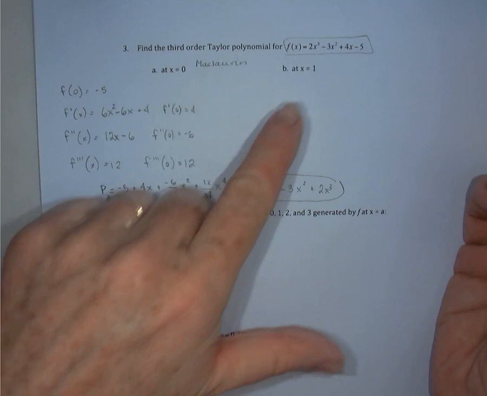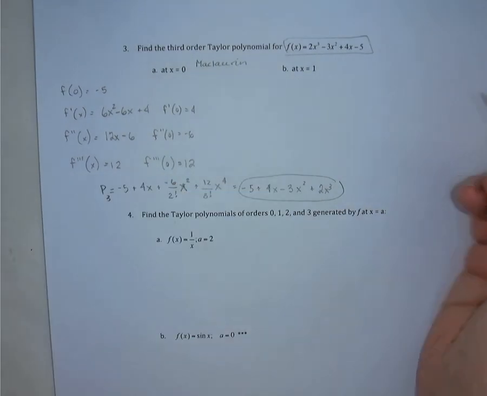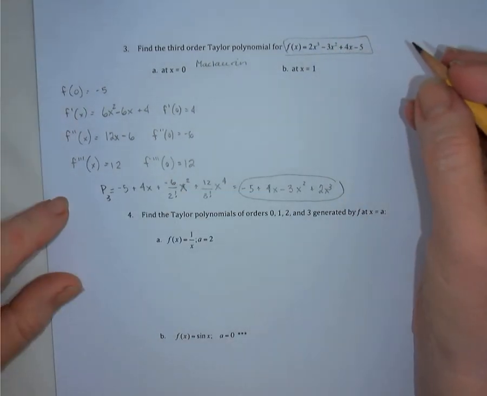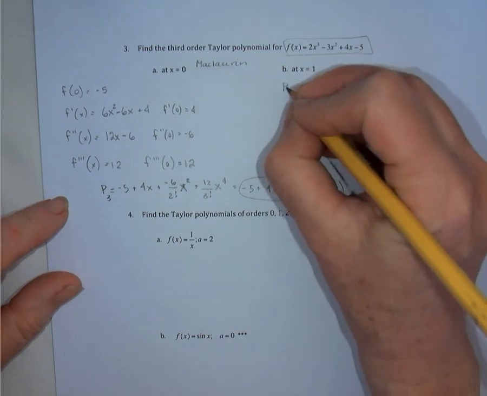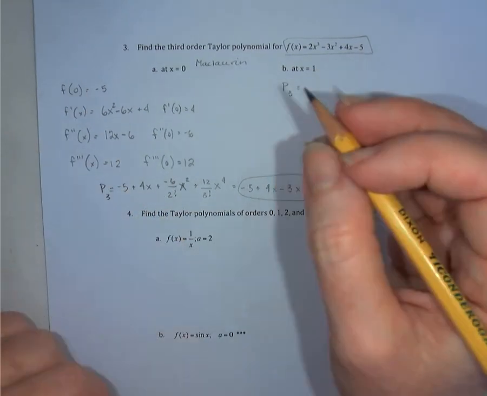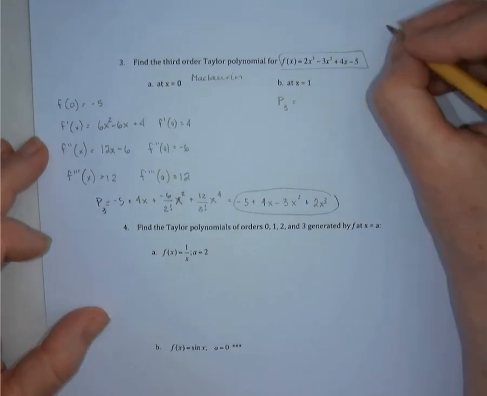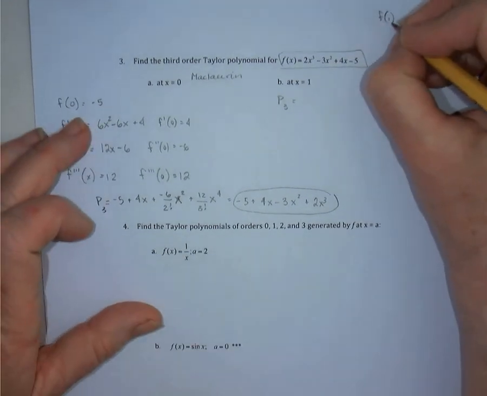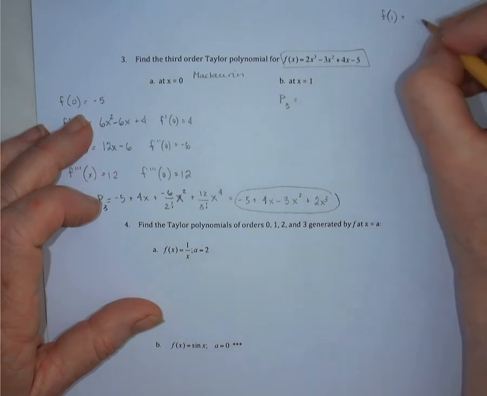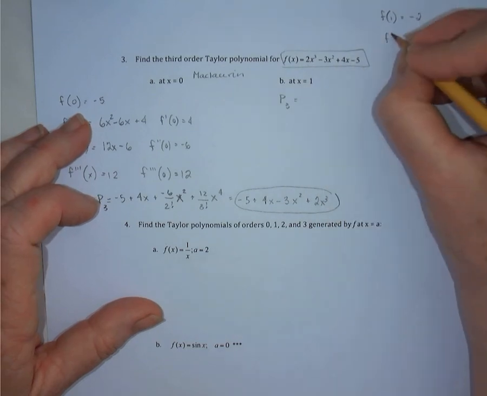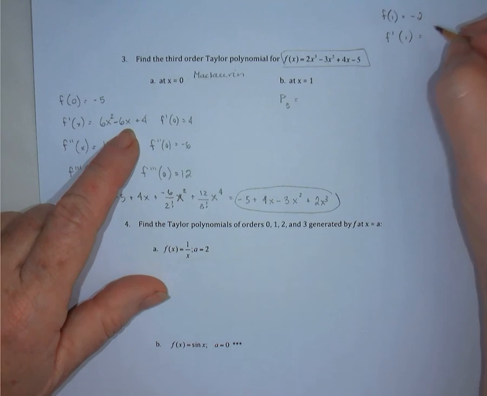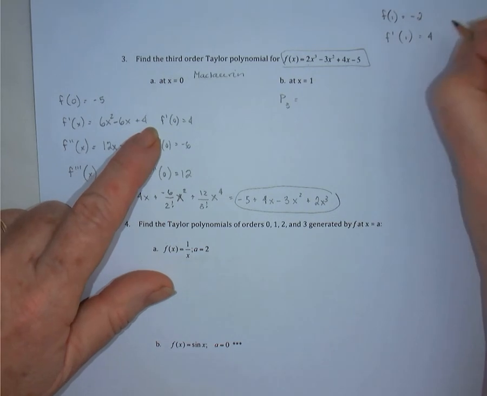Let's do the same thing at x equal to 1, and I'm a little bit wiser now. I'm still going to take my derivatives and plug in 1 to all of these. F of 1 is -1 plus -1, that's -2. My first derivative at 1 is 6 minus 6 plus 4, so that's 4.